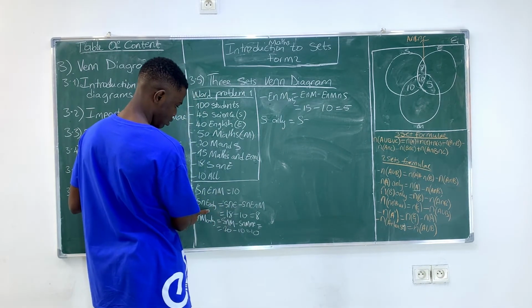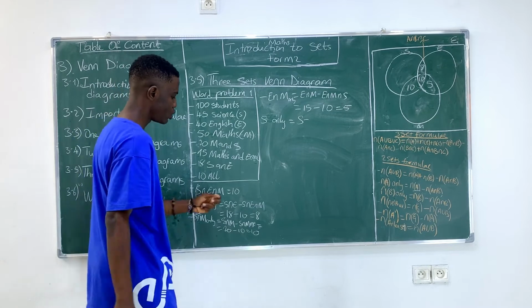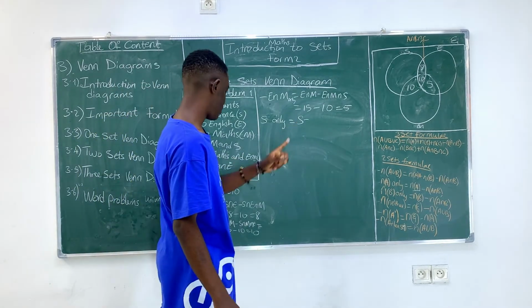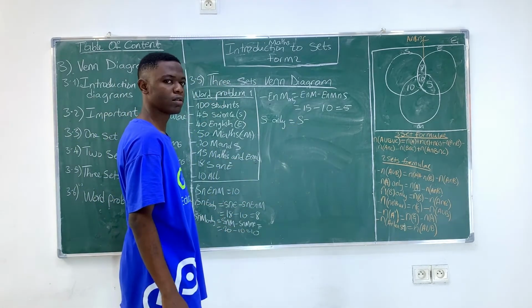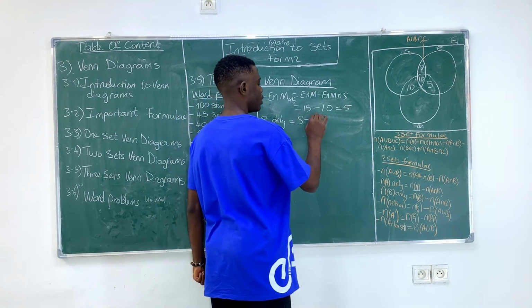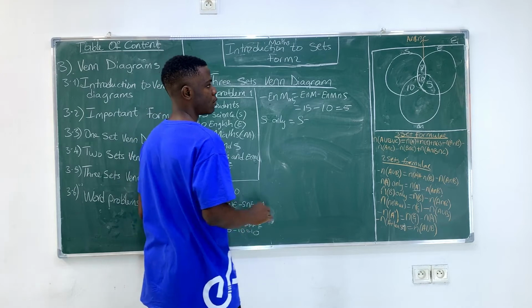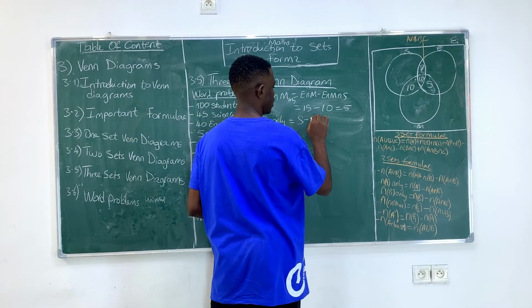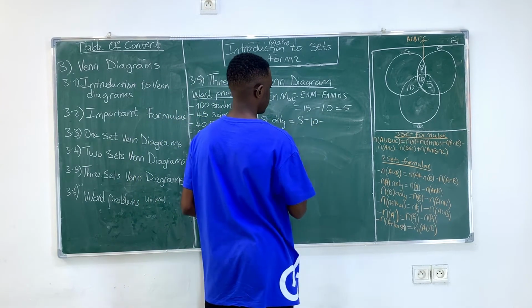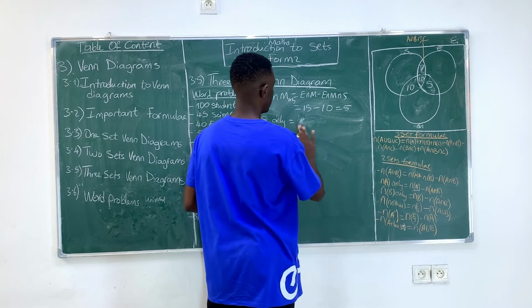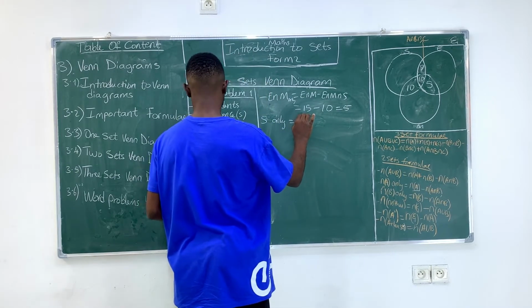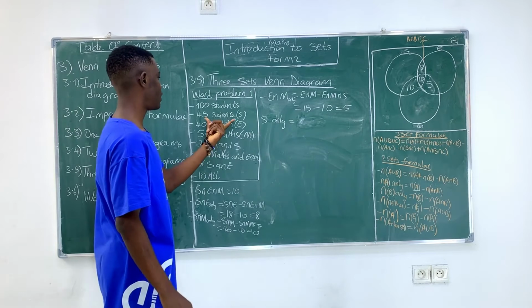This one and this one. So I want to do this minus this minus this minus this. I'm just writing them. Here S is 45.